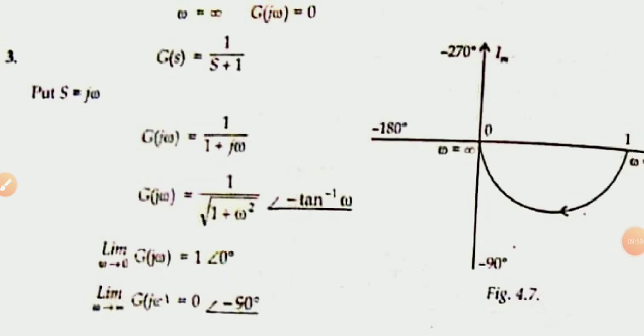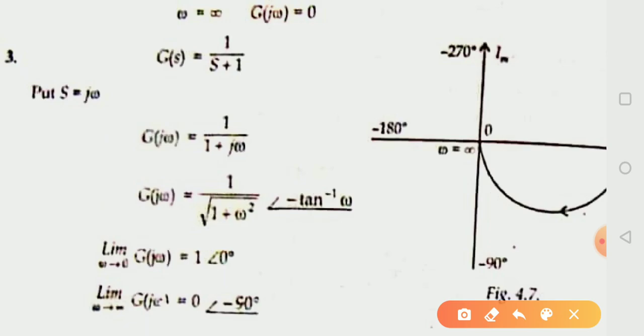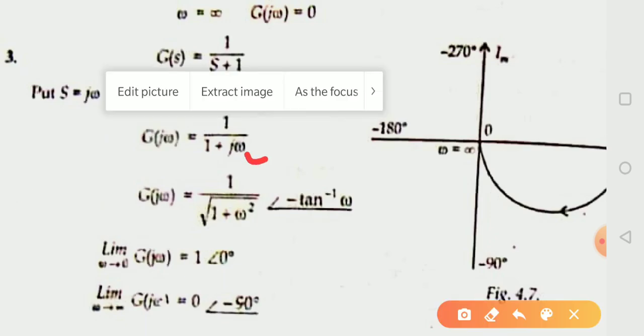Now we write this open loop transfer function in the form of magnitude and phase angle. Here the magnitude is 1 over under root of 1 square plus omega square, and here the angle is minus tan inverse omega upon 1.